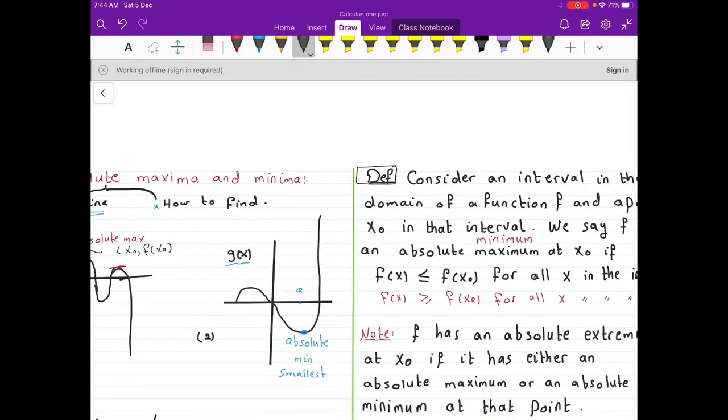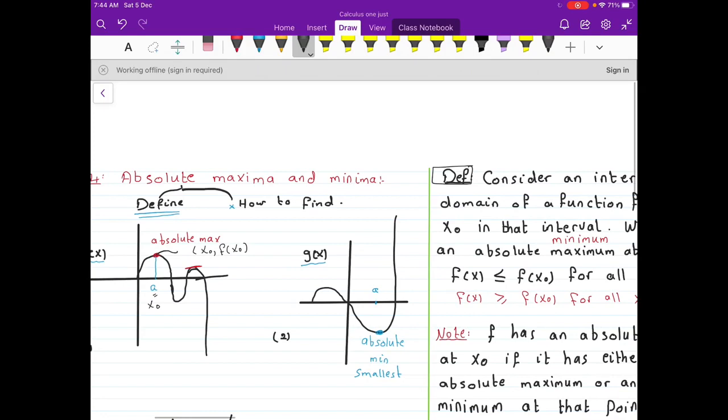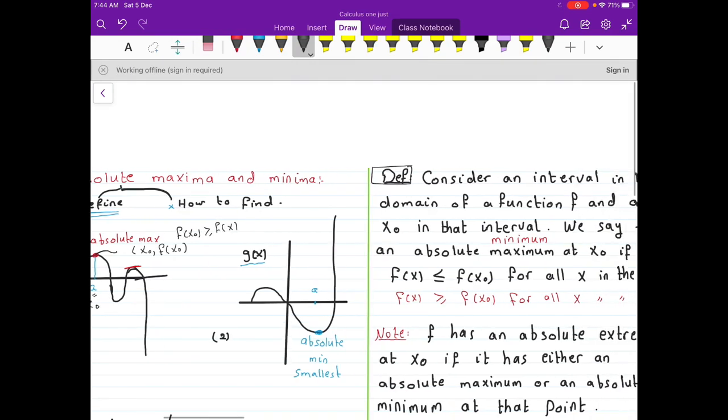We say f has an absolute maximum at x naught if f(x) is less than or equal to f(x naught) for all x in the interval. Notice that f(x naught) is the largest one: f(x naught) is greater than or equal to f(x) for all x in the domain of the function.